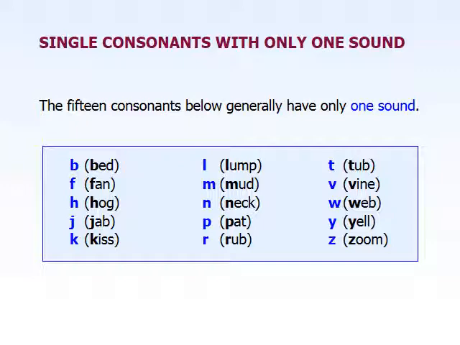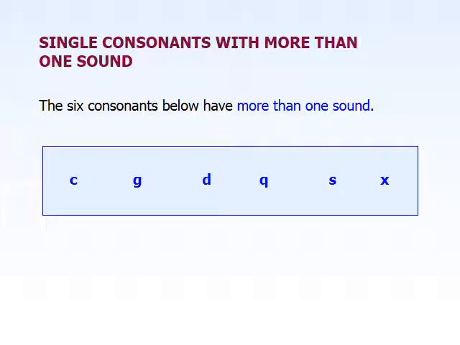So we have B as in bed, F as in fan, H as in hog, J as in jab, K as in kiss, L as in lump, M as in mud, N as in neck, P as in pat, R as in rub, T as in tub, V as in vine, W as in web, Y as in yell, and Z as in zoom. But there are 6 of them that have more than one sound.